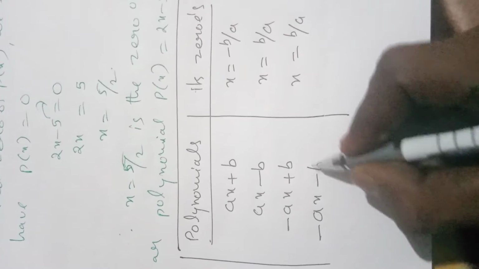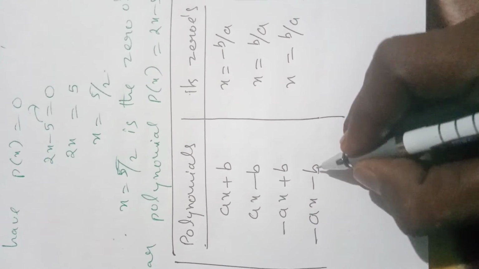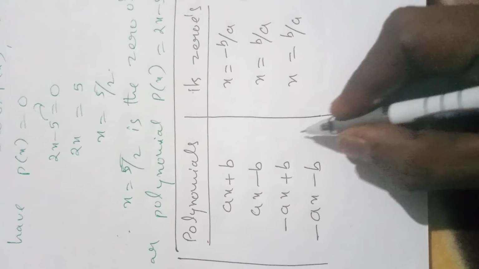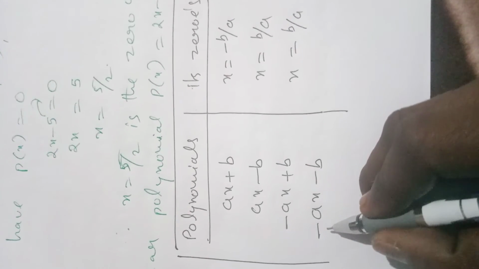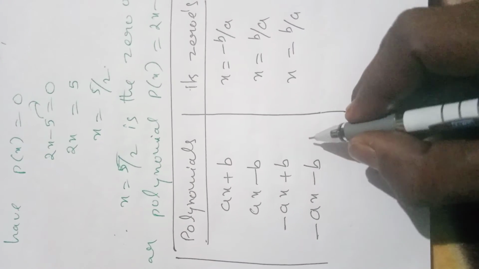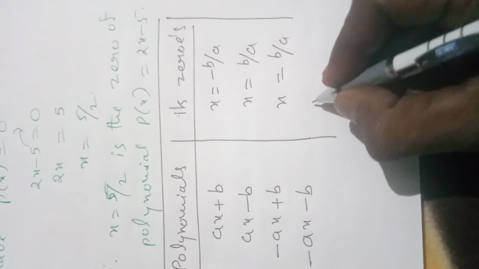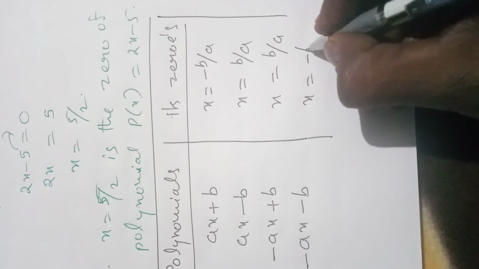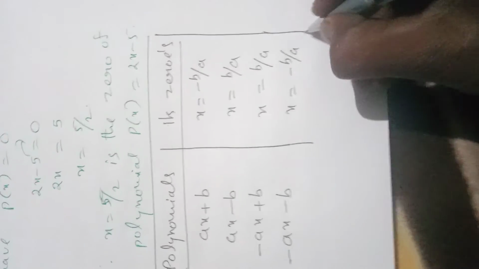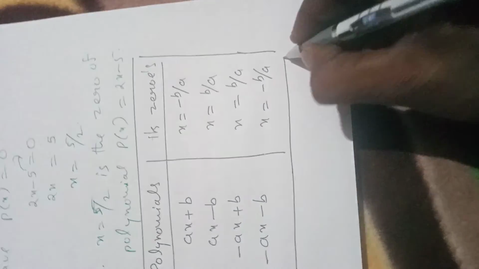To find its 0, we need to equate to 0 first. Send minus b to the right hand side, it becomes plus b. Then we get the equation minus ax equals plus b. Then x equals b by minus a, that is nothing but minus b by a. So you need to remember the zeros of all these polynomials.